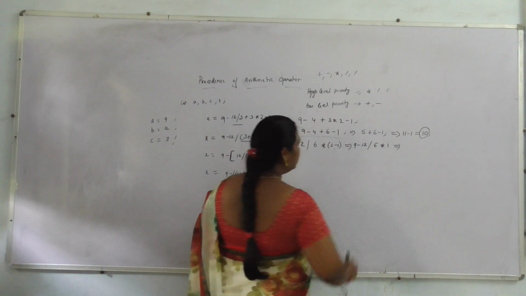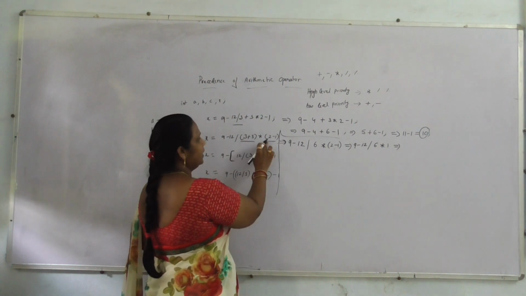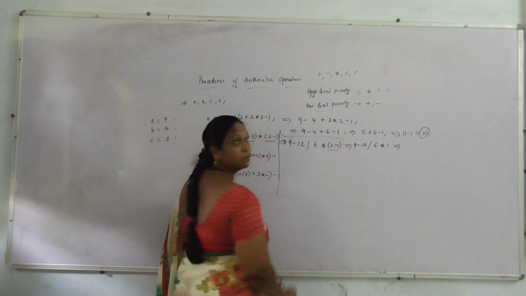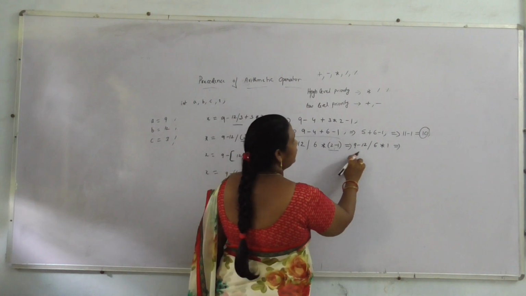Next, first evaluate 3 plus 3 and after that 2 minus 1. Again evaluate left to right.